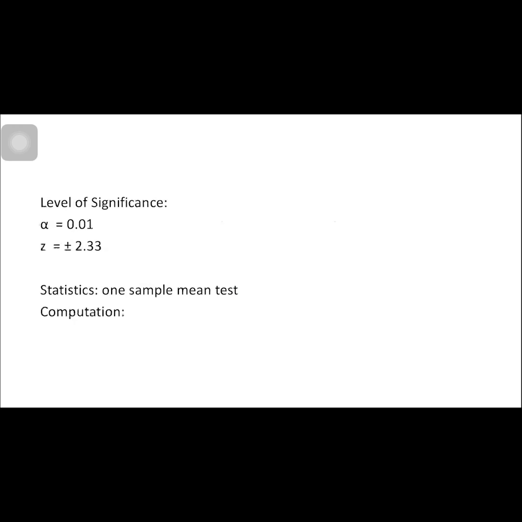So our tabular value or critical value of z for 0.01 for a one-tailed test is 2.33.